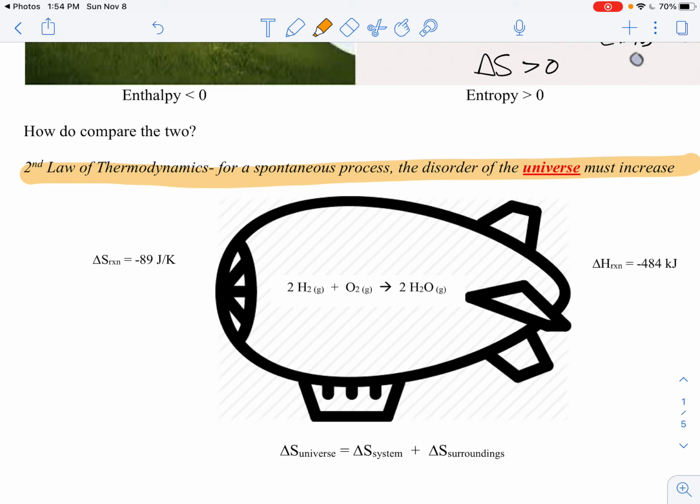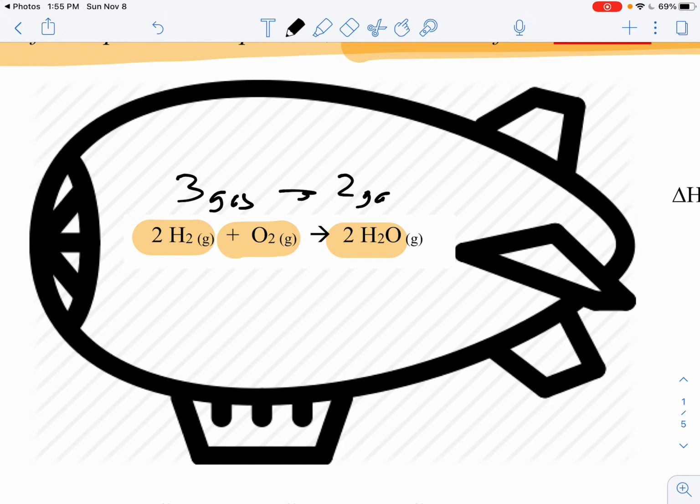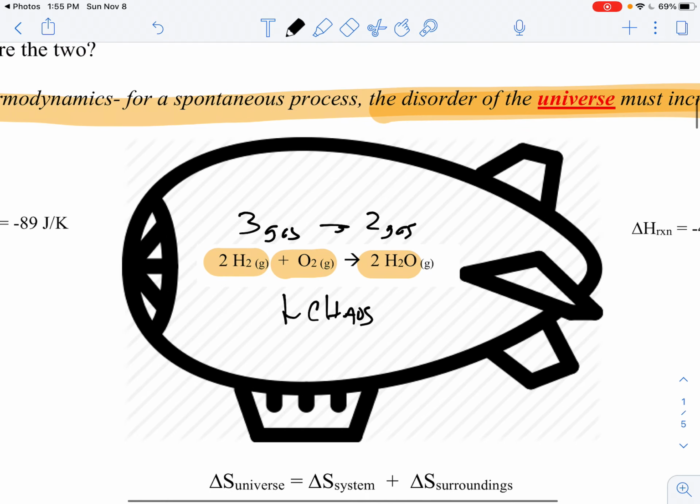So what really matters is that the disorder of the universe has to increase. But as we saw in our last segment, if I take two hydrogens and an oxygen, which are three gases, and turn them into two waters, which are gases, three gas going down to two gas is actually a decrease in the chaos.